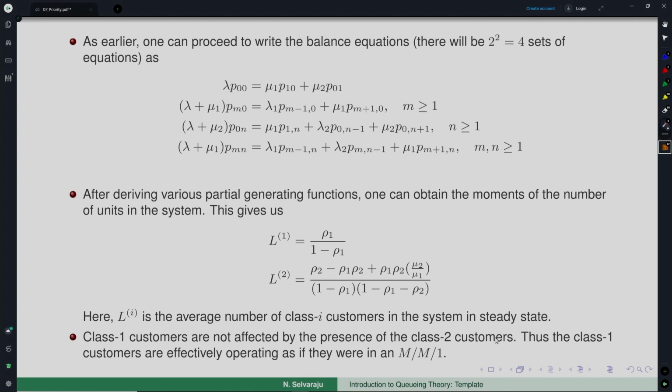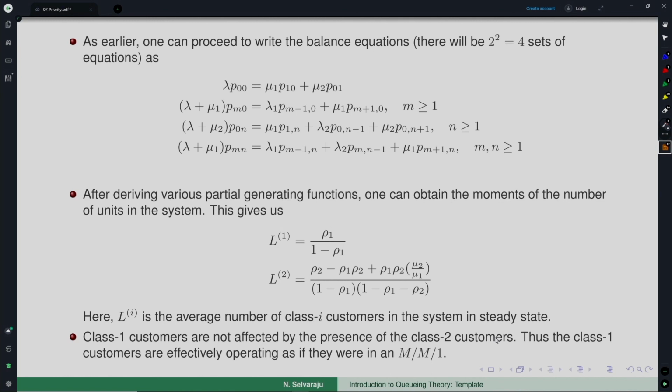This is true with the preemptive case, whereas in the non-preemptive case, the class 1 customer would also be affected by the presence of class 2 customers. In a preemptive priority queue, the higher priority customer is not affected by the presence of lower priority customers. So, effectively for class 1 customers, it is like their own MM1 queue.